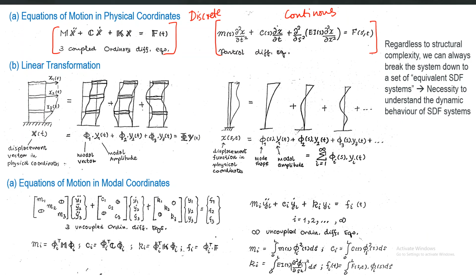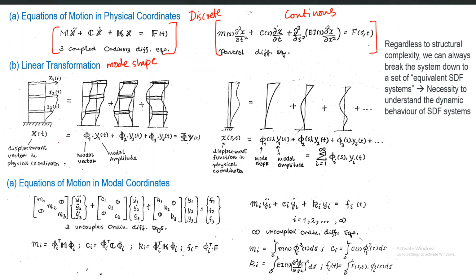Then in the discrete multiple degree of freedom systems, we carry out a linear transformation using the mode shape matrix. So we represent the actual x1, x2, x3, which are the physical displacements, the story displacements of a structure, as a summation of the contributions of different mode shapes.